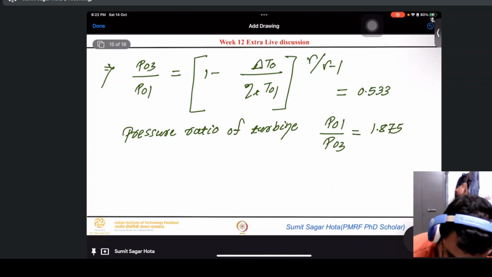Okay, so you see P3 by P1 is 0.533. Just take the reverse, you will get P1 by P3. Okay, 1.875.